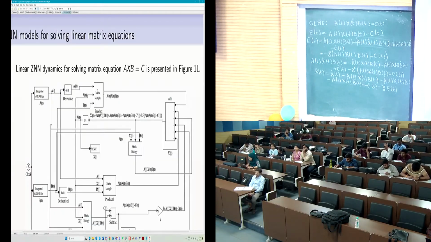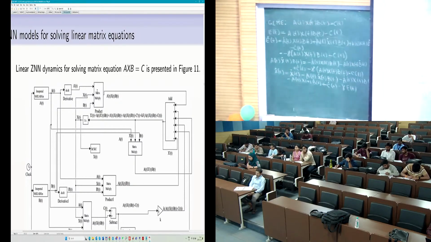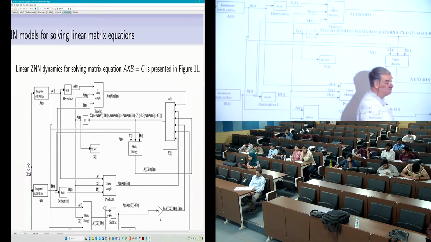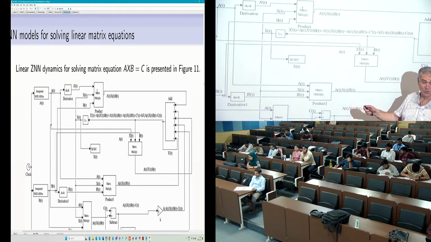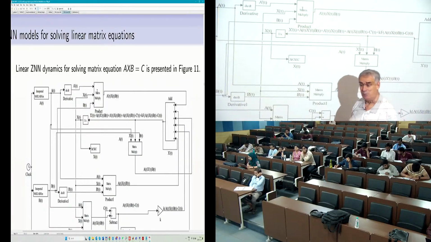It was necessary to compute such an expression to obtain X dot, which goes to the integrator. Sorry, X dot is the input of the integrator, X is the output of the integrator.